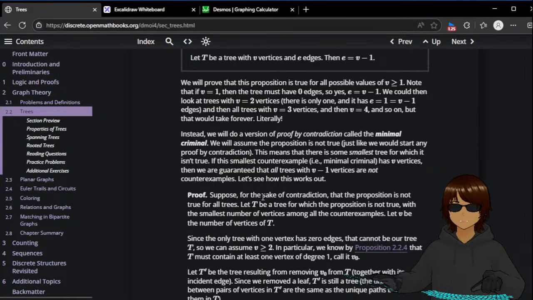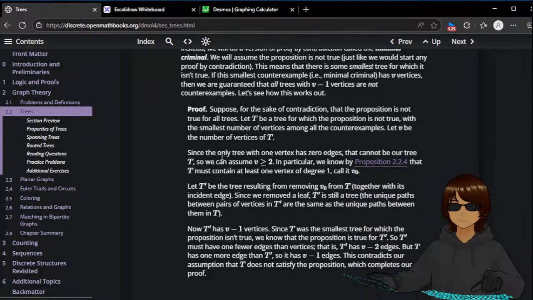Suppose for the sake of contradiction that the proposition is not true for all trees. Let T be a tree for which the proposition is not true with the smallest number of vertices among all the counterexamples. Let V be this number of vertices of T. Since the only tree with one vertex has zero edges, okay, I understand.